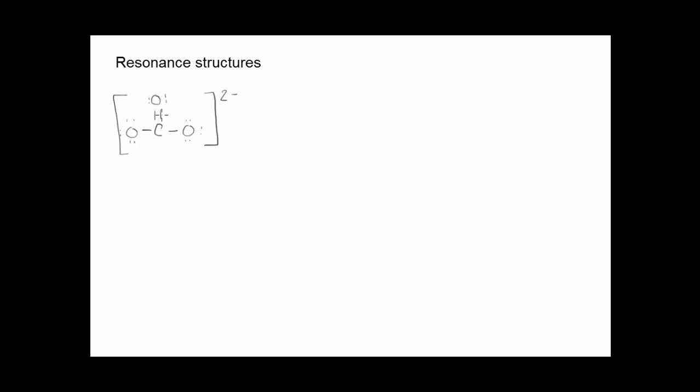However, we talked about how this double bond can be between the carbon and the oxygen on the left side. So this is also a correct Lewis structure of carbonate.